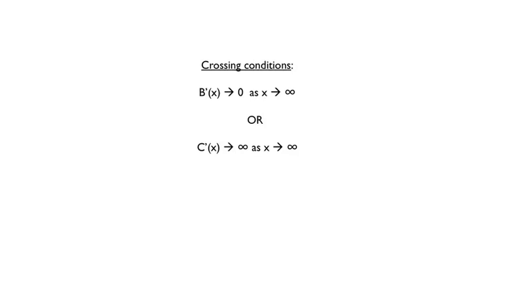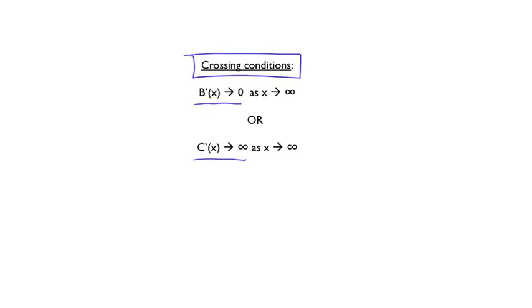And the reason is that most of the examples that we will encounter satisfy what are called crossing conditions. These crossing conditions state that as x goes to infinity, as the quantity taken becomes very large, either the marginal benefit goes to zero or the marginal cost goes to infinity, or both.